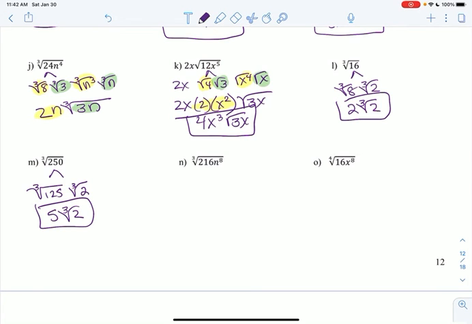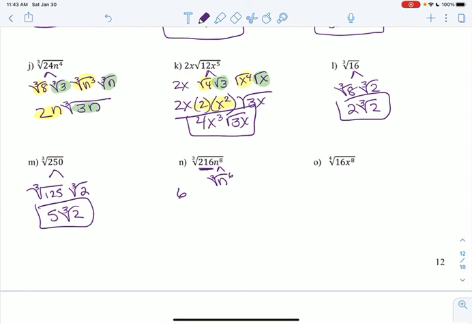Cubed root of 216. That's actually a perfect cube. 6 times 6 times 6 is 216. So this part's coming out. It's no longer a cubed root. And n to the 8th, I have to break down, remember I want it to be an exponent that is divisible by 3.